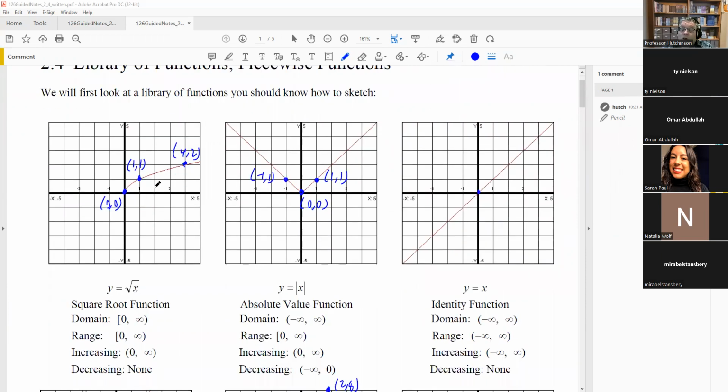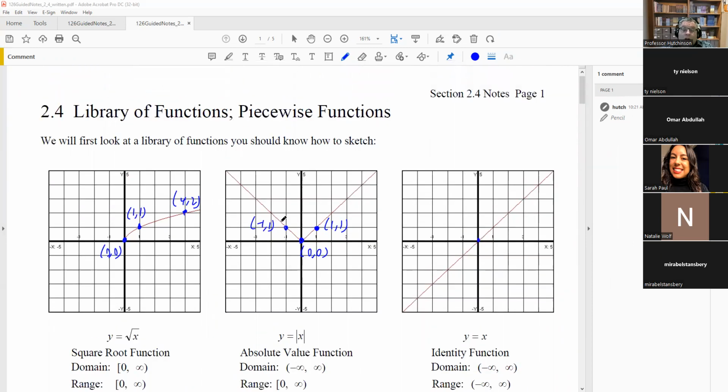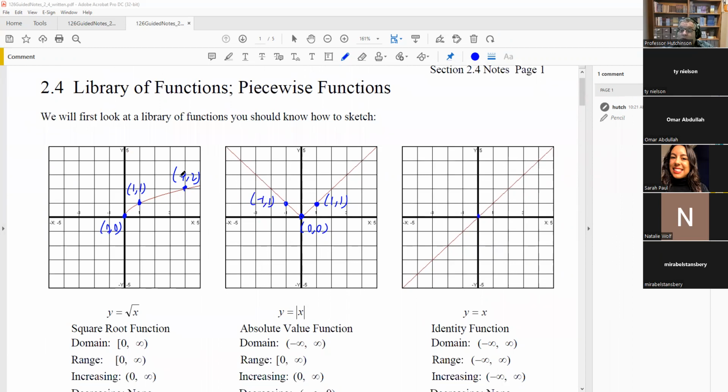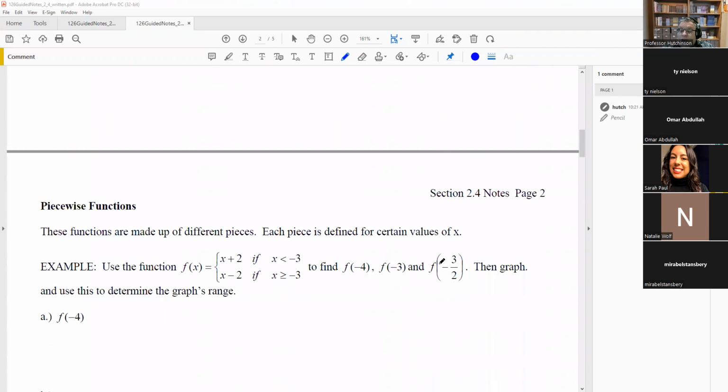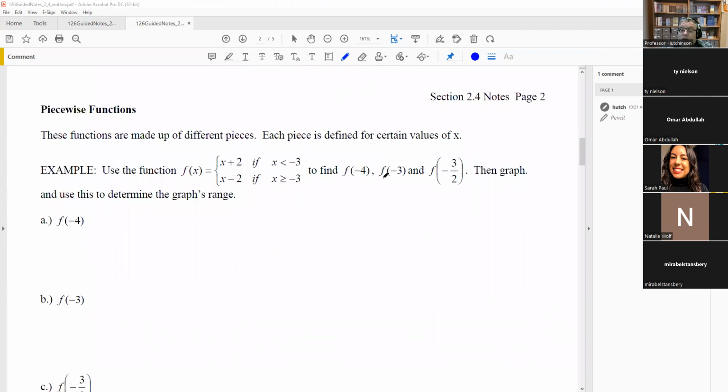That's what I talked about earlier, where you'll take a graph and you'll move it left, right, up, or down, or flip it. So we're not going to get to that in this section. We're going to get to it in section 2.5. I just wanted to let you know ahead of time that that's why I'm providing this list of points for you, because we're going to refer back to these when we get into section 2.5.